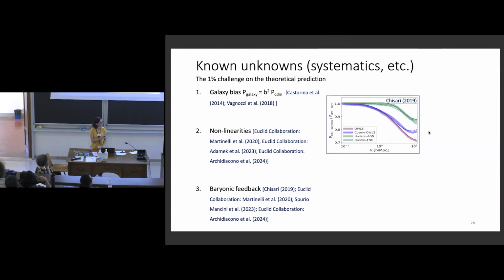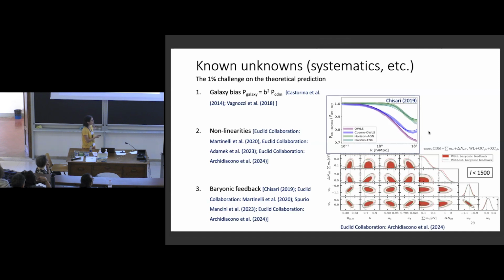And as you can see, once again, different hydrodynamical simulations taking into account baryonic feedback do not agree among each other. So we have a theoretical error here. And I'm not sure if you can see here, but even if you have a conservative cut on your data, then you have a small impact due to the uncertainty on the modeling of baryonic feedback.